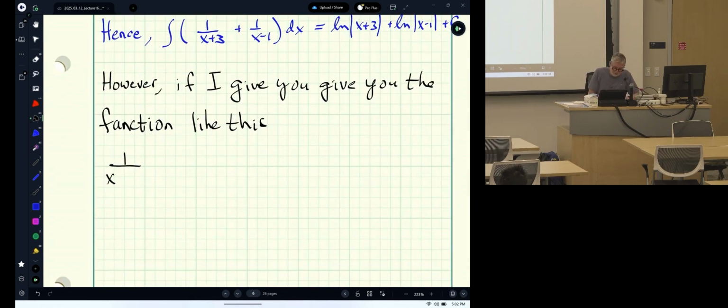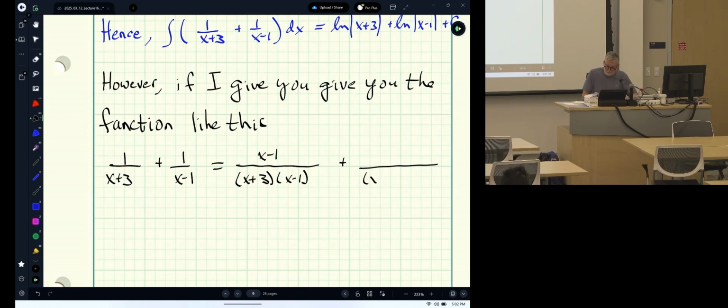I take my 1 over x plus 3, I take my 1 over x minus 1, and I put everything over a common denominator, x plus 3 times x minus 1, and so I've got x minus 1 here, and then I've got x plus 3 and x minus 1, and so I've got an x plus 3 here.